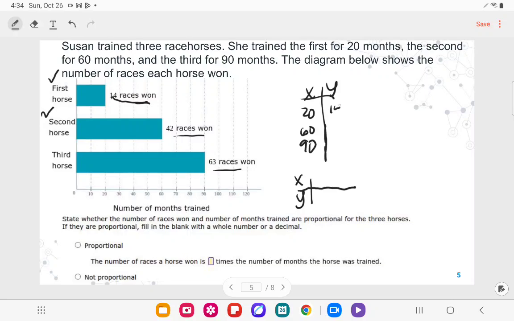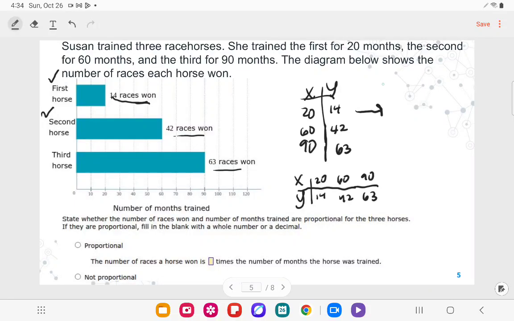So for 20 months, it was 14 races. For 60, it was 42. And for 90, it was 63. So if I wrote it this way, it'd be 20, 14 races won, 60, 42 races won, 90, 63 races won. Okay. And again, this is just 2 different ways to write the same thing.